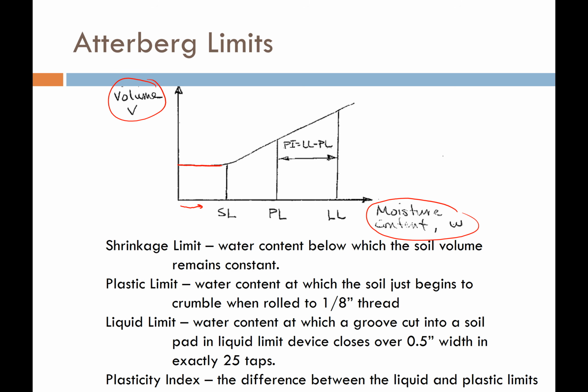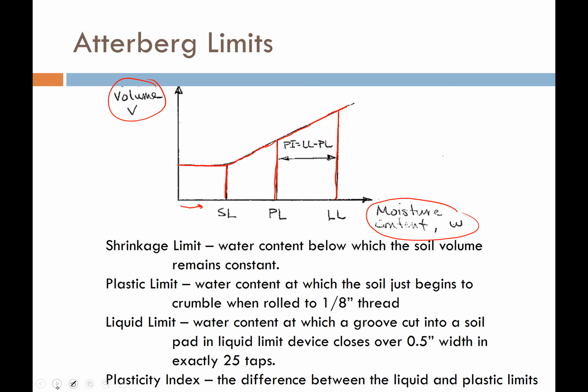But if I keep adding moisture, eventually what's going to happen with a fine-grained soil is it's going to start increasing in volume, and it's just going to keep increasing. The more water I add, the more volume the soil has. And so this behavior is what Albert Atterberg observed. And he defined these boundary lines that define the different states or consistencies of the soil.